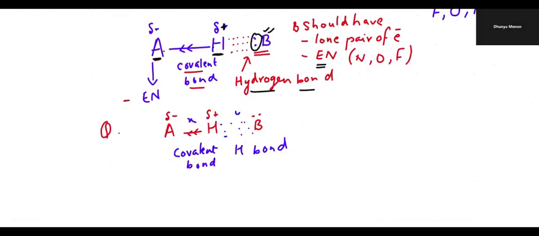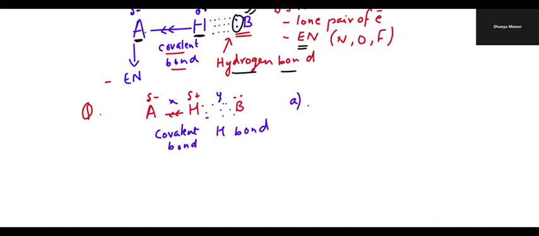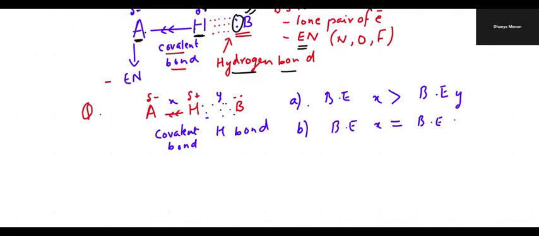Now, suppose I give a question. I'm giving you 3 multiple choice options. You have to pick one of them. Okay. So option A: bond energy of X is greater than bond energy of Y. Option B: bond energy of X is equal to bond energy of Y. Okay, so X refers to covalent bond, Y refers to hydrogen bond.